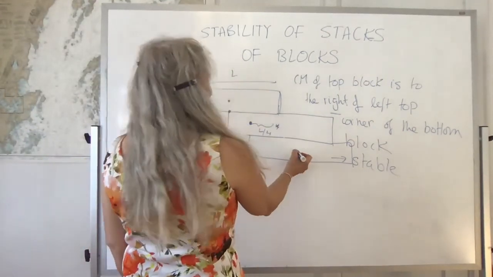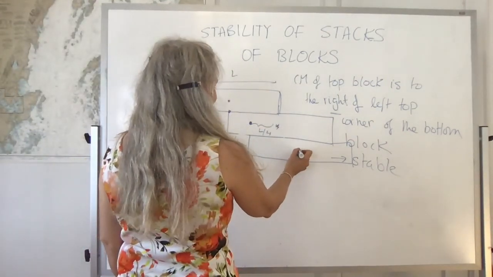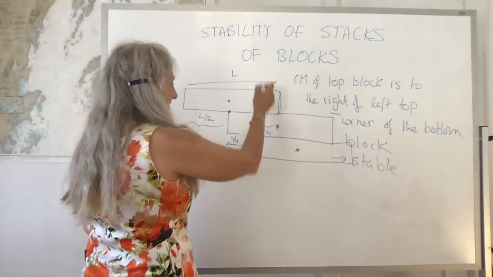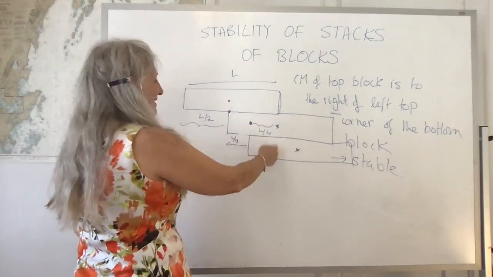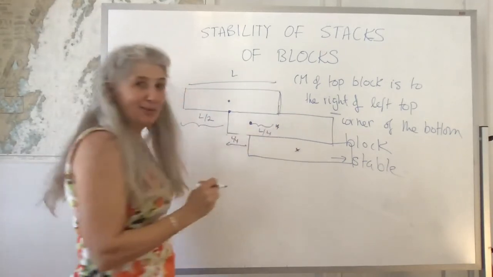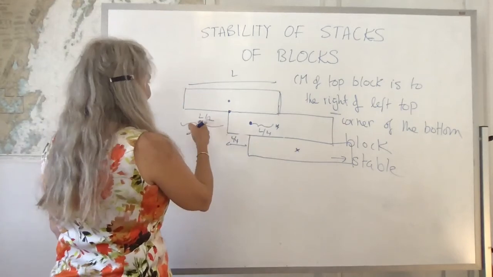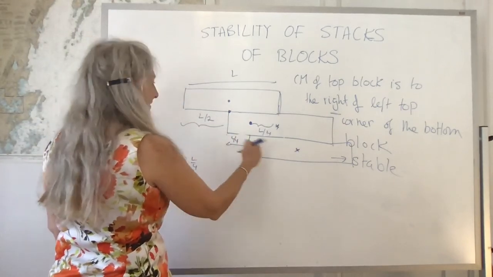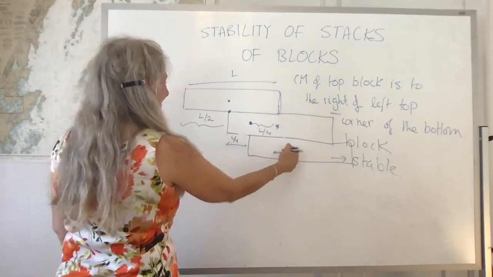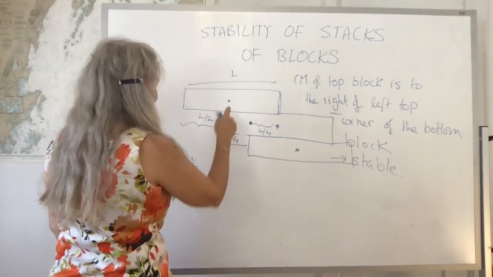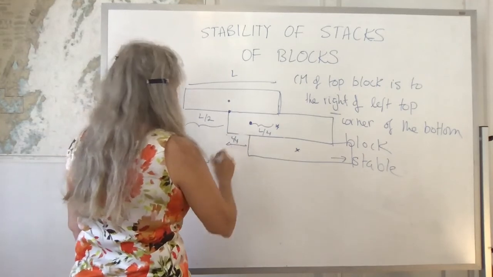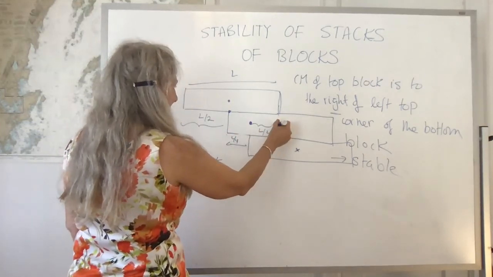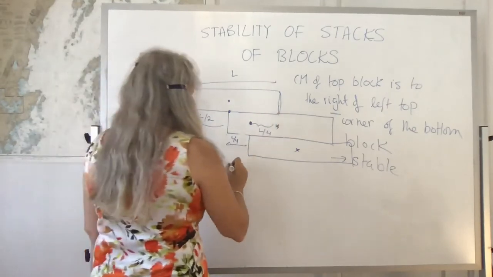Okay, now I'm going to repeat myself, and we're going to take the center of mass of the third block, and compute the center of mass of all 3 with respect to that point. And so it's going to be L over 2 plus L over 4. That tells me how far between here and here is, plus L over 4, which tells me how far away the center of mass of that block is, plus 0.